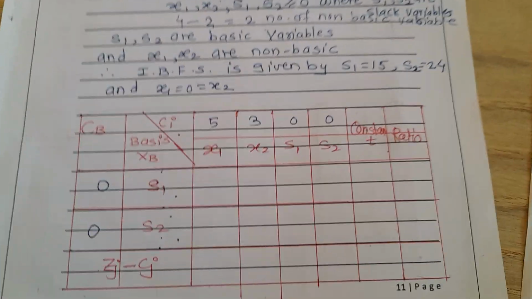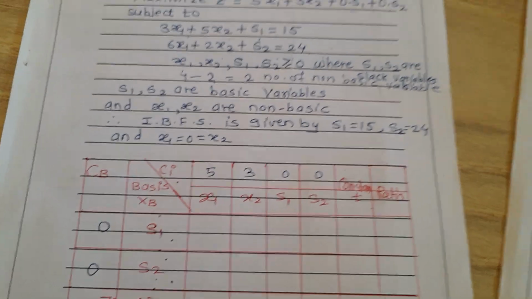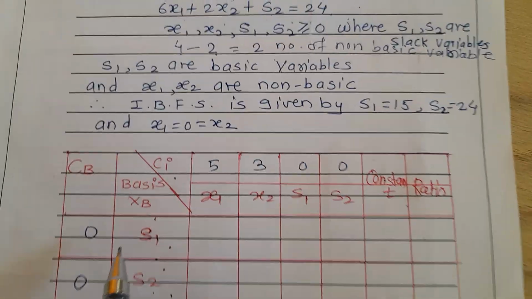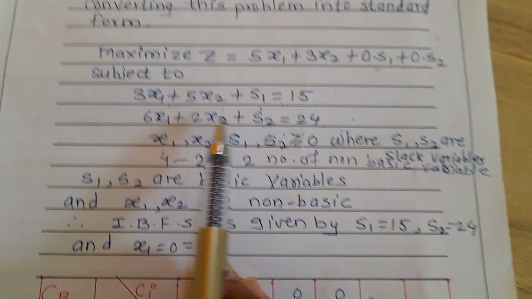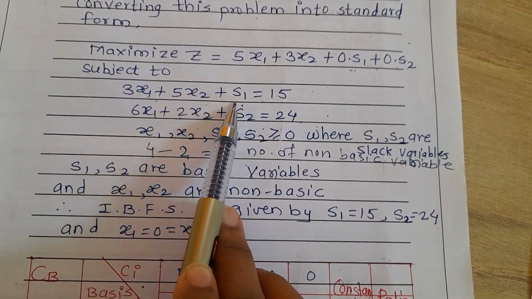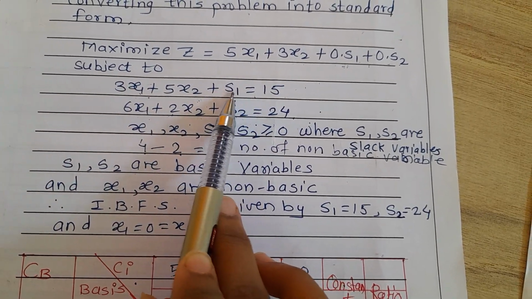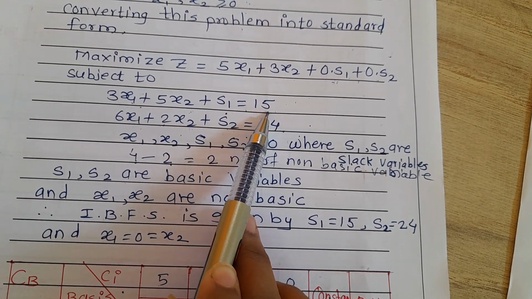Now we write the other values by using constraints. First, write here all values by using the constraint. In the first constraint, coefficient of x1 is 3, coefficient of x2 is 5, coefficient of s1 is 1 and coefficient of s2 is 0, and the constant is 15.